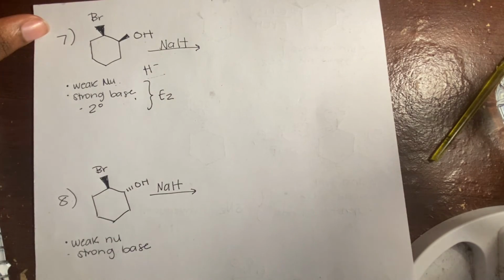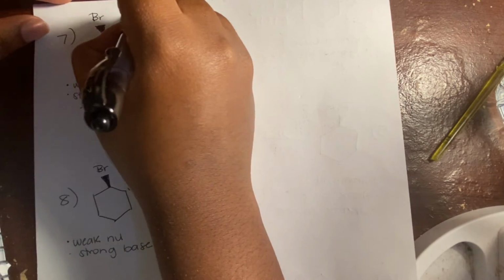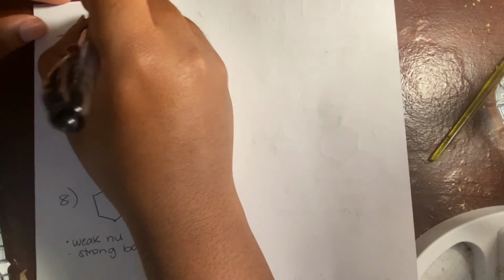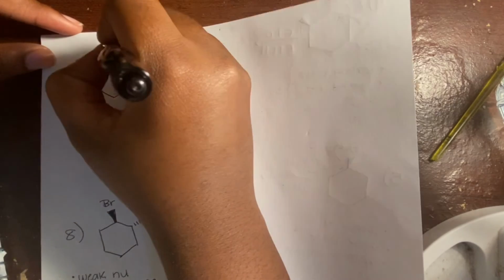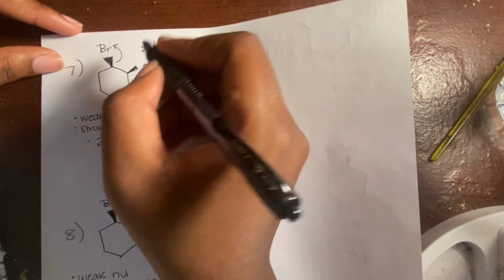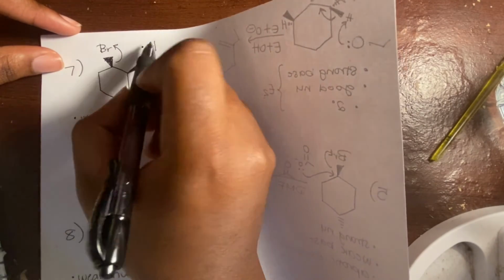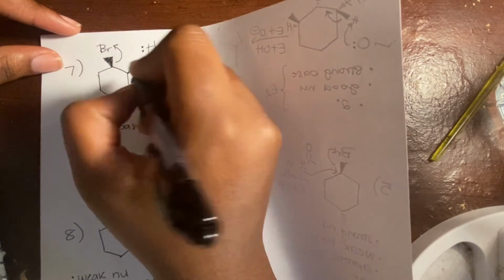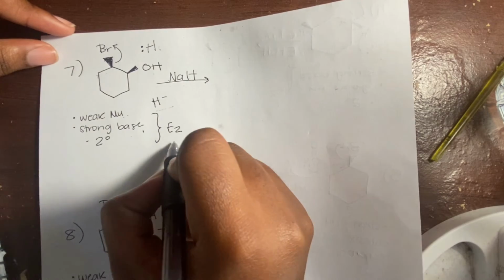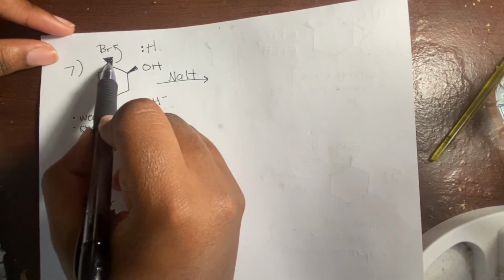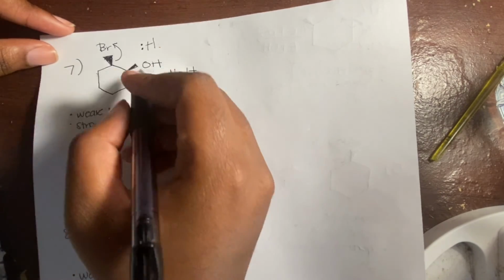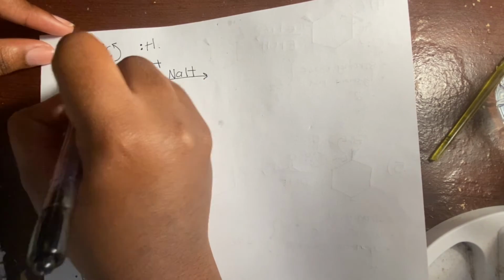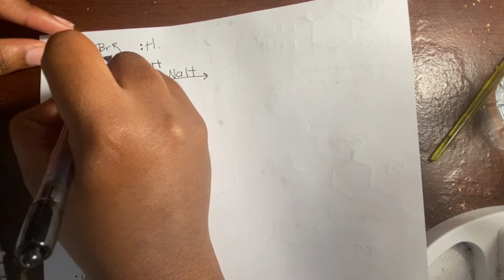So this is going to proceed under an E2 mechanism. We know that E2 is 1 step, so our bromine is going to leave, and our base can attack a hydrogen from here or here. And as we know, for an E2, we need anti-periplanar. So since the bromine is on a wedge, it's going to need a hydrogen on a hatch. So let's draw in our hydrogens.